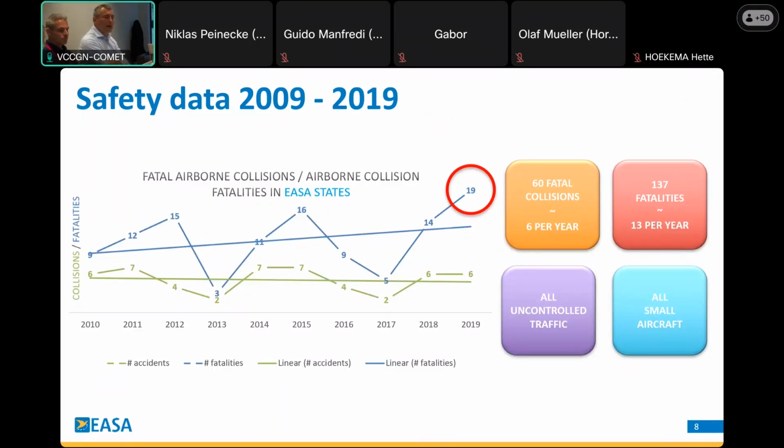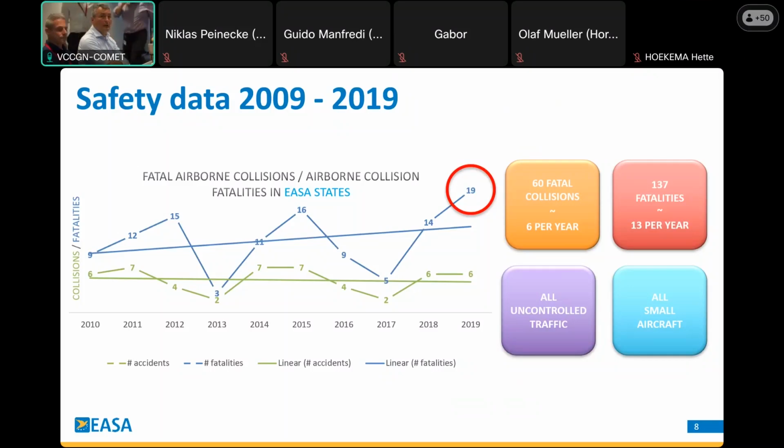At that time, we did an initial safety analysis based on fatalities, and we noticed a stable number of collisions over the 11-year period, but a growing number of fatalities, topped up by all the other issues like drones starting to operate in those days, and more and more demand for the airspace from other sectors.